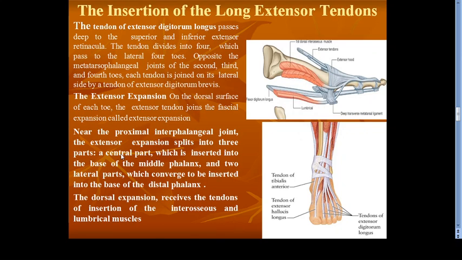One is the central part and 2 lateral parts. The central part is inserted onto the base of the middle phalanx, whereas the 2 lateral parts are getting inserted into the base of the distal phalanx. These expansions also receive the insertion of the interosseous as well as lumbrical muscles.